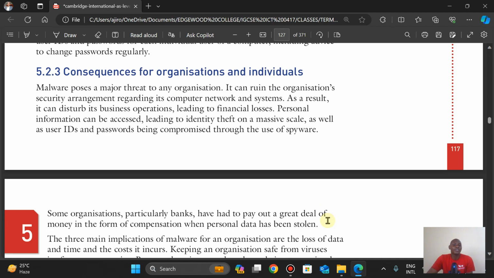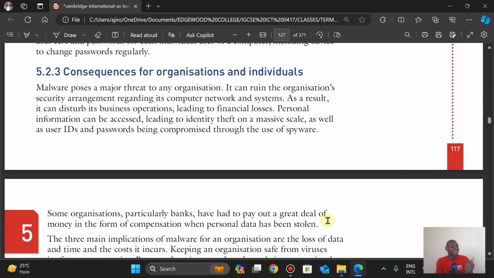Consequences for organizations and individuals. Malware poses a major threat to any organization. It can ruin the organization's secret arrangement regarding its computer network. As a result, it can disturb its business operation, leading to financial losses.